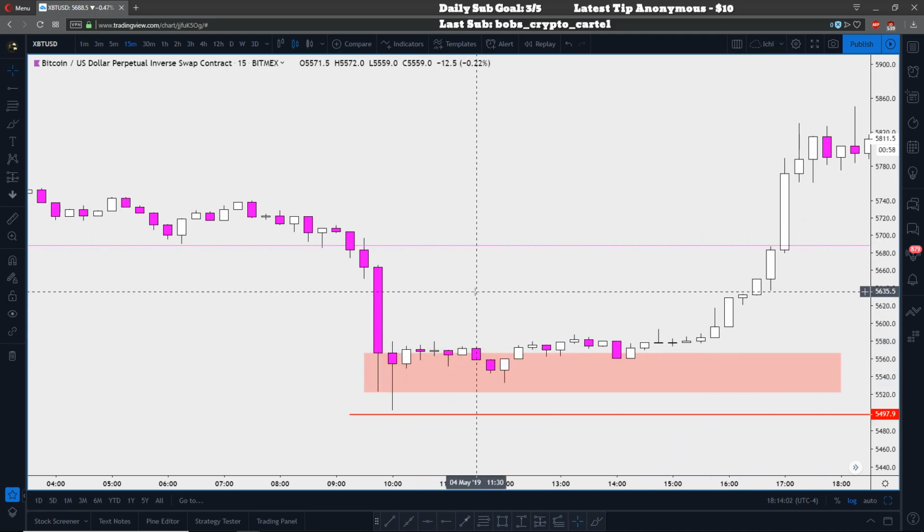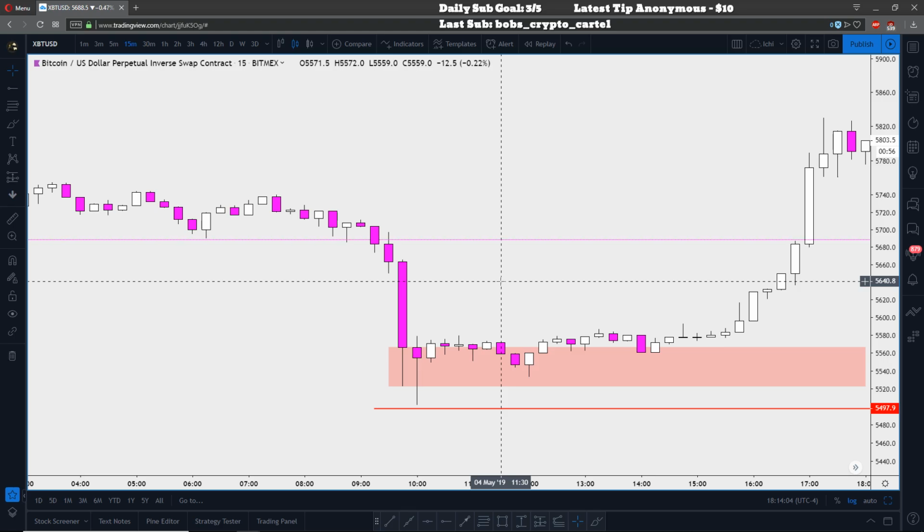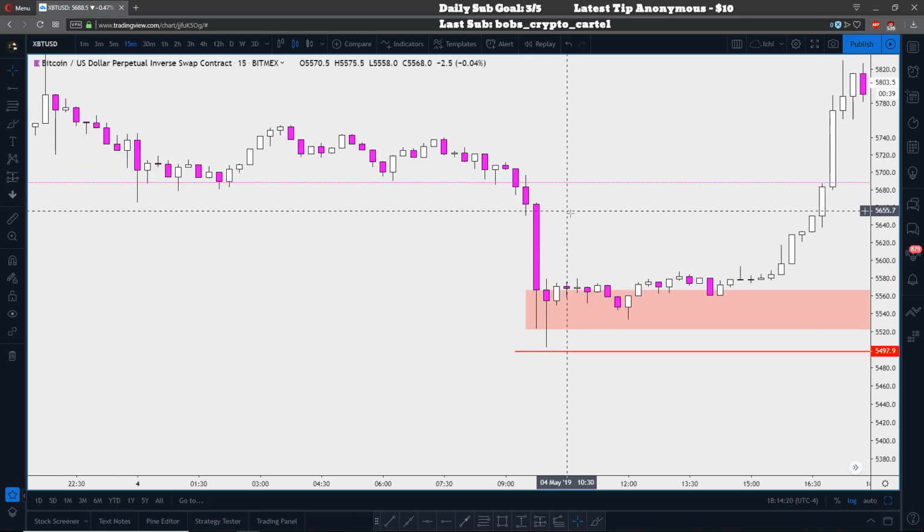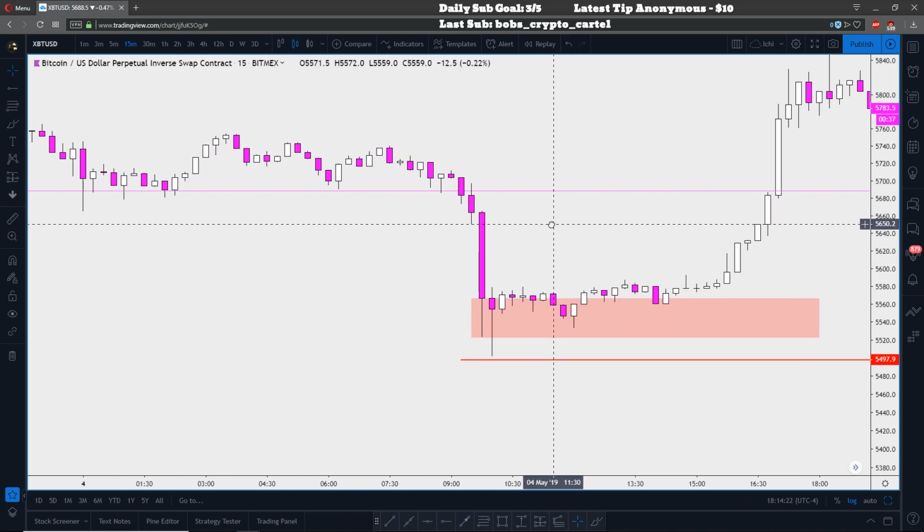But as you can see, these setups are always going to have good R to R. You're not going to have a very high win rate because they have such good R to R, but you will have a much higher win rate than you need to be profitable. I typically average about 65 to 70% on these setups.